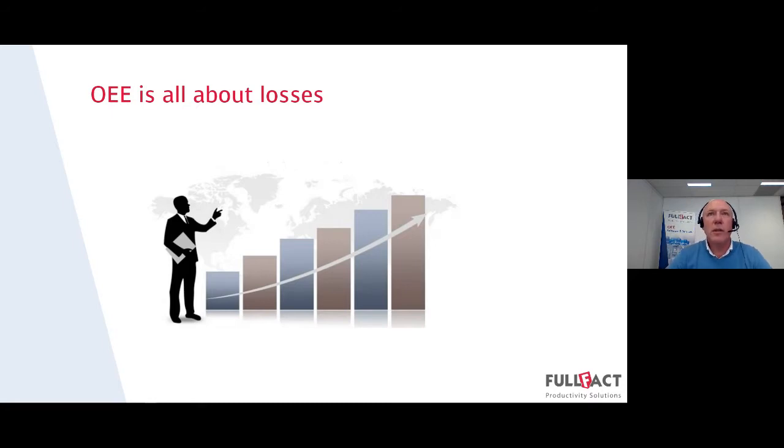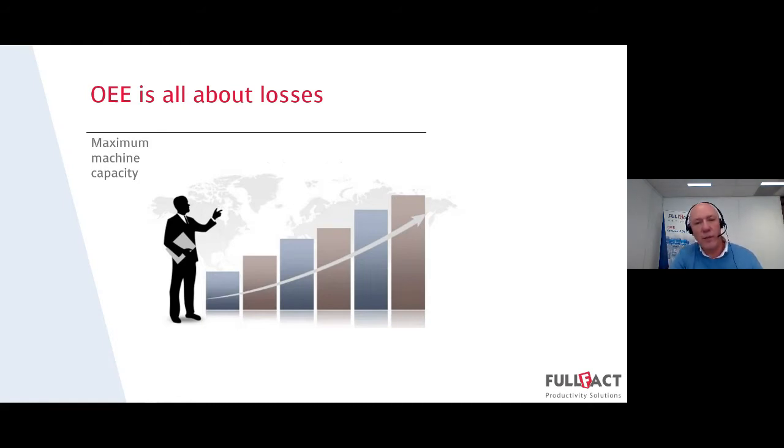OEE is all about losses, and why? Because if you have a production facility that produces very well, your productivity is rising, everybody's happy, but most of the time you still have a maximum machine capacity. And the maximum machine capacity is the capacity that almost never will be reached, because there are always factors that influence that maximum machine capacity.